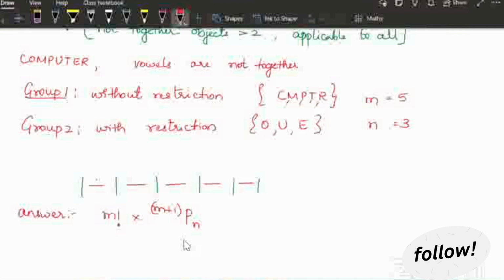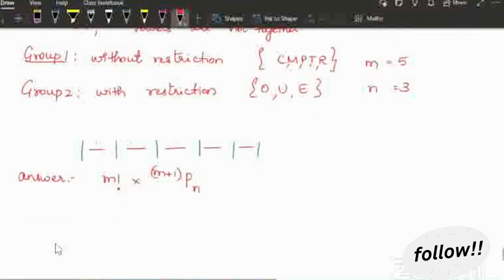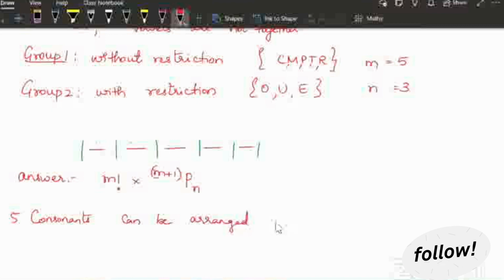Now, how to write it? Consonants can be arranged in 5 factorial ways. 5 consonants can be rearranged in 5 factorial ways.